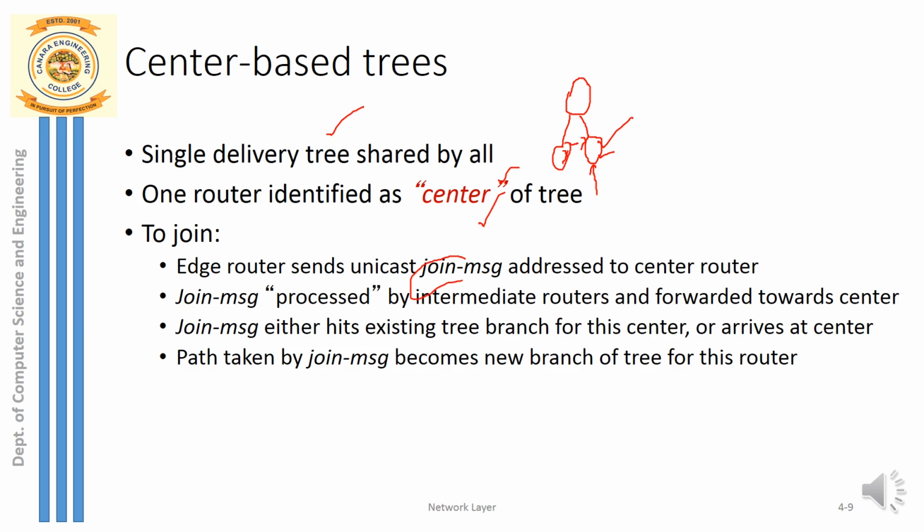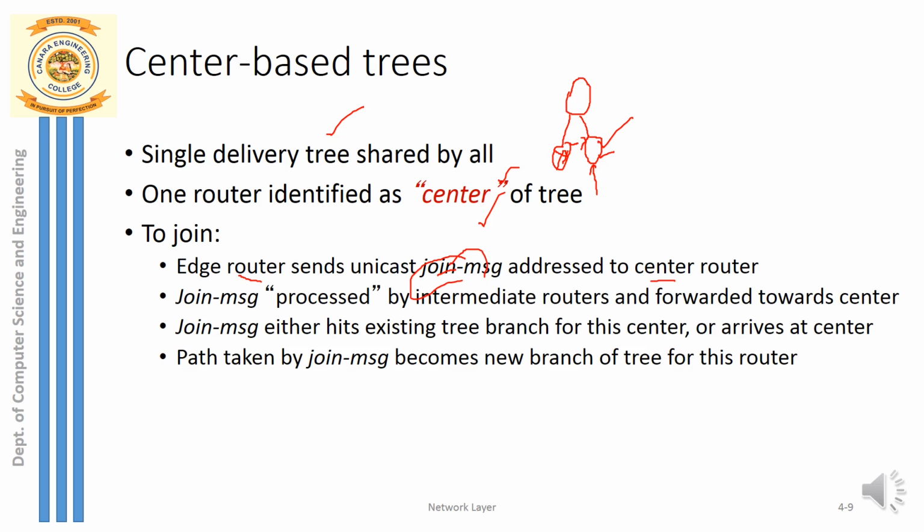You can see here the join message is sent, and who is actually sending this unicast join message? It is the edge router. What is the meaning of edge router? Edge routers are those which are participating in multicasting. Those edge routers send the join message, and it is sent to the center router.